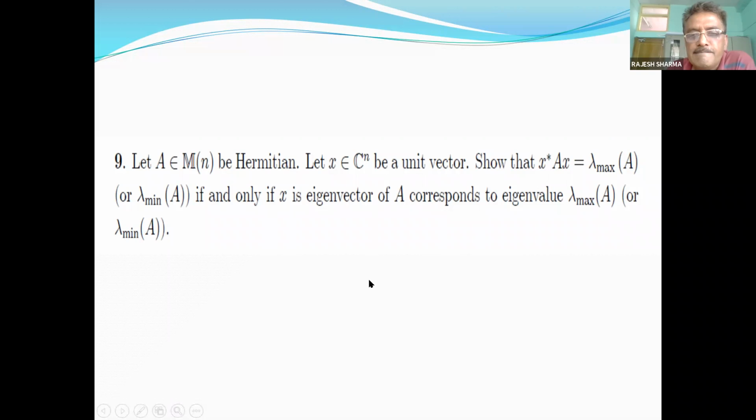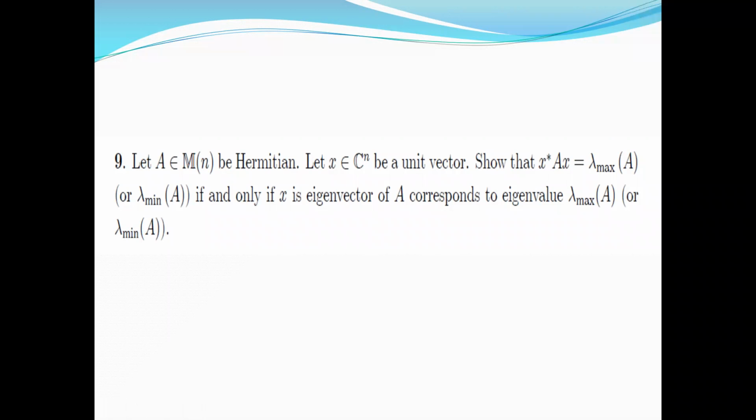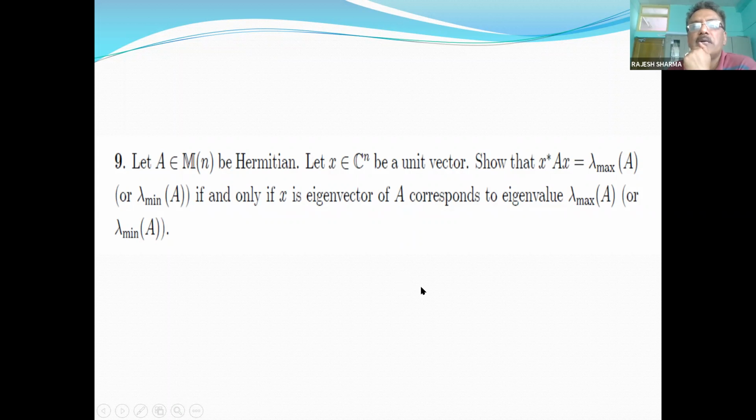The numerical range of a Hermitian matrix is the set of all the eigenvalues which lie on the real line. So the minimum eigenvalue or maximum eigenvalue is any of these X star AX which lie on the real line. No. But the point is how this X vector should be an eigenvector.